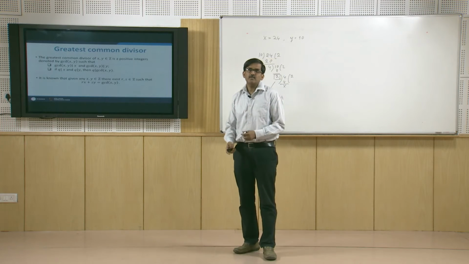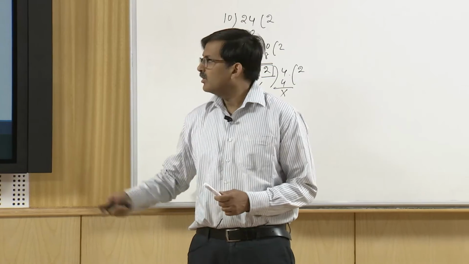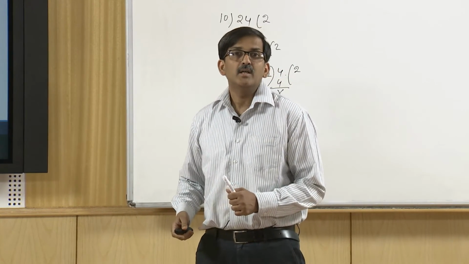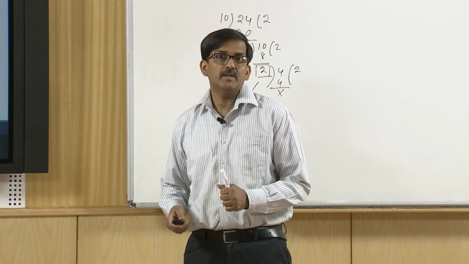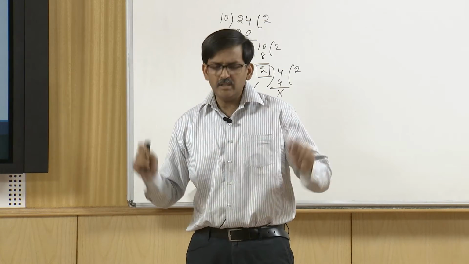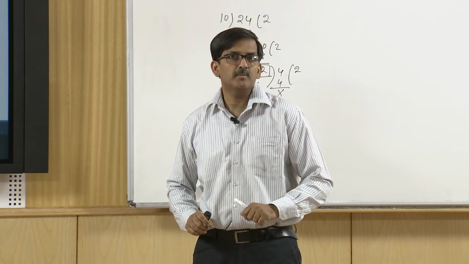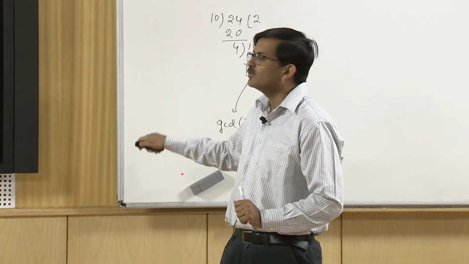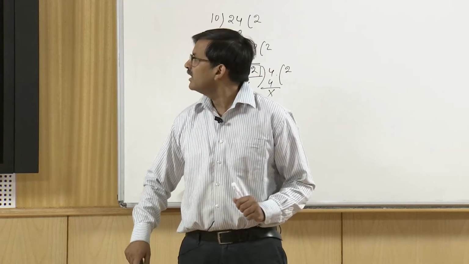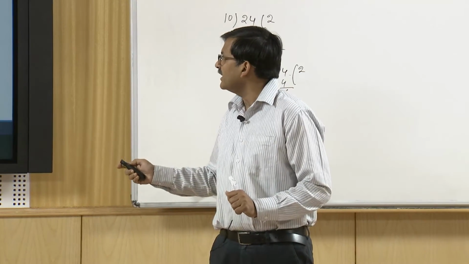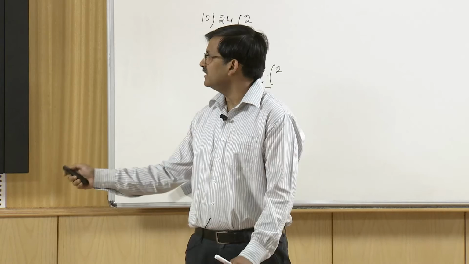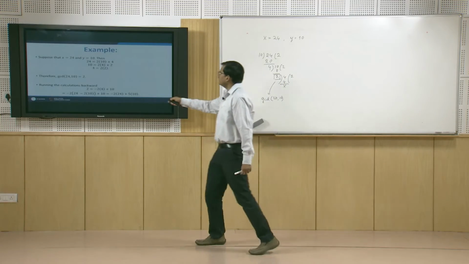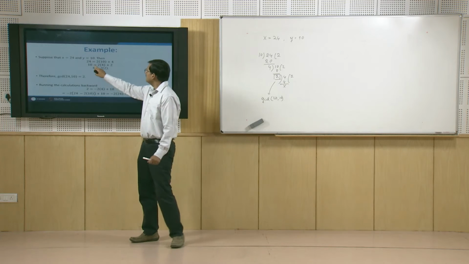There is an algorithm for computing r and s and the GCD, which is called the extended Euclidean algorithm. We are not going into details about the extended Euclidean algorithm, but we will see how to find these coefficients r and s. We have already seen that these steps are true.